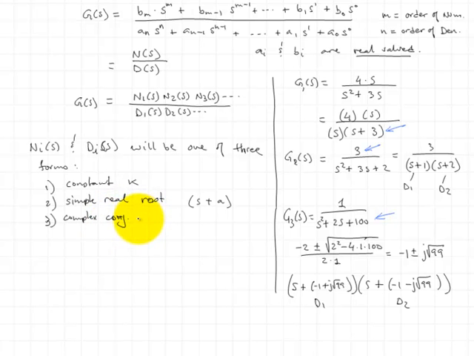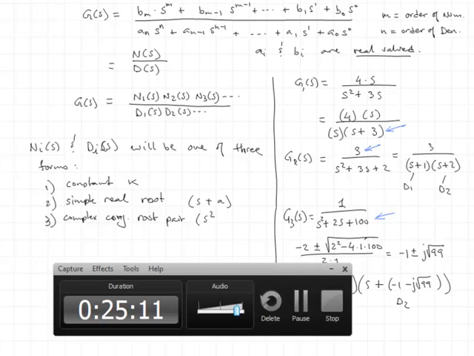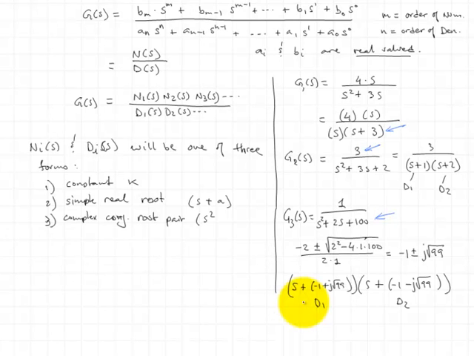In this case, we would have s squared plus bs plus c. And what we're going to do now is to look at each one of those terms and consider how we can plot their magnitude and their phase versus frequency, and how we can do that by hand.